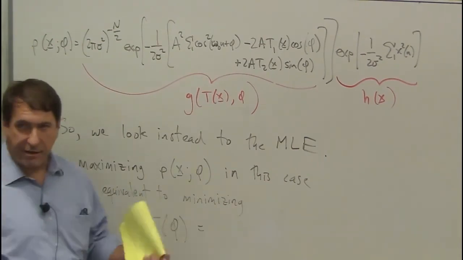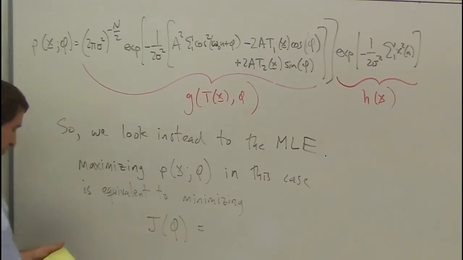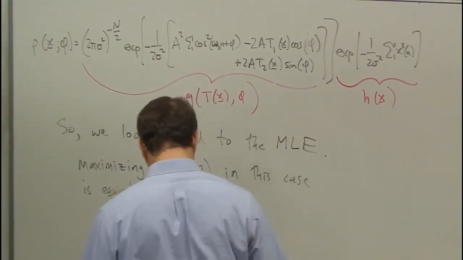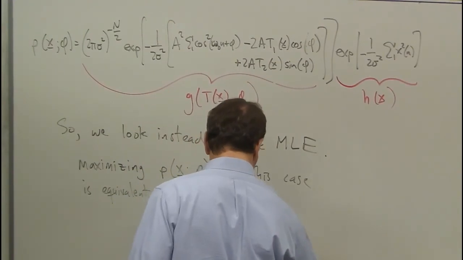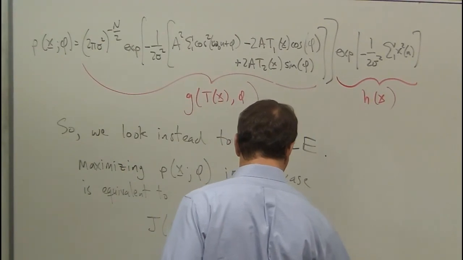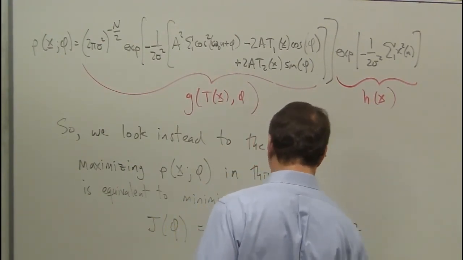And then we have the exponential function of minus a positive quantity times the sum of the x of n minus a times cosine of omega 0 n plus phi, quantity squared.